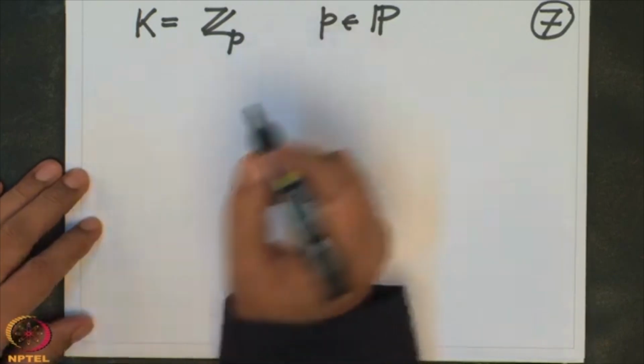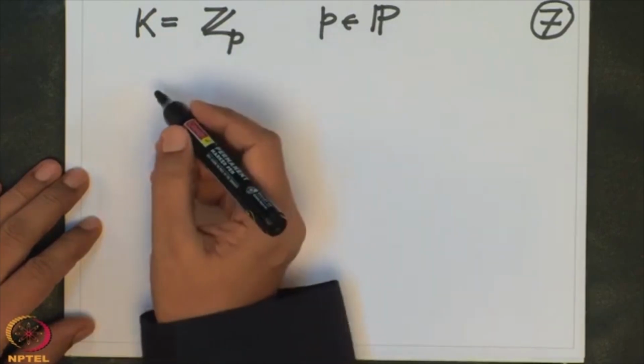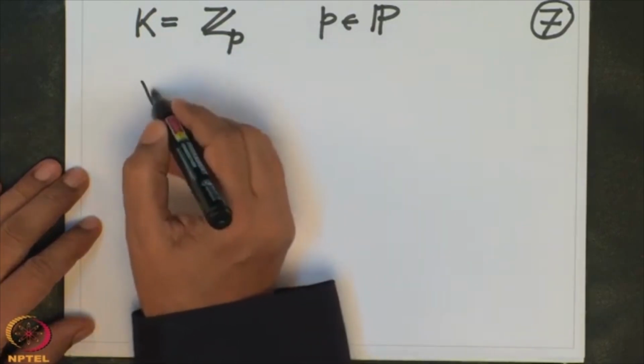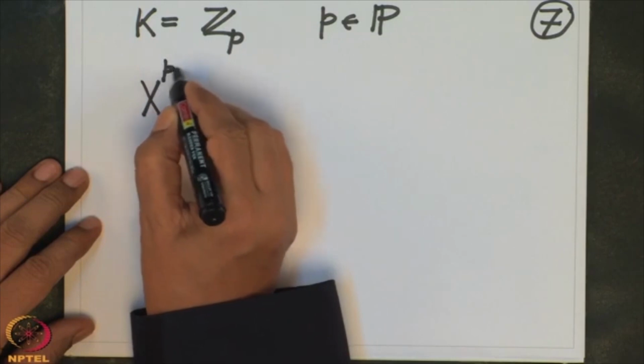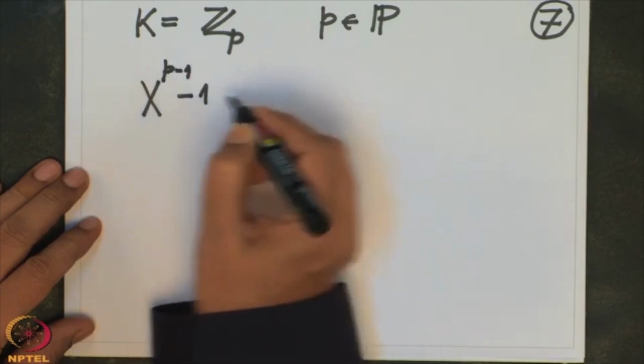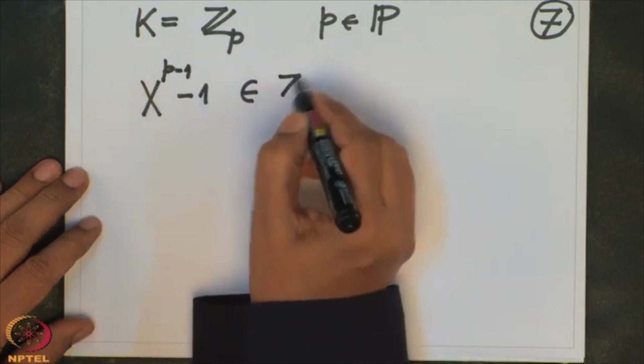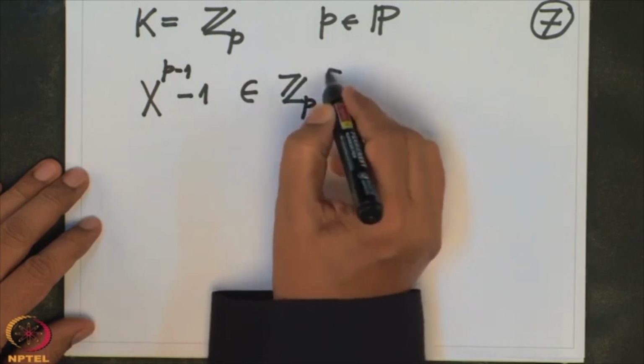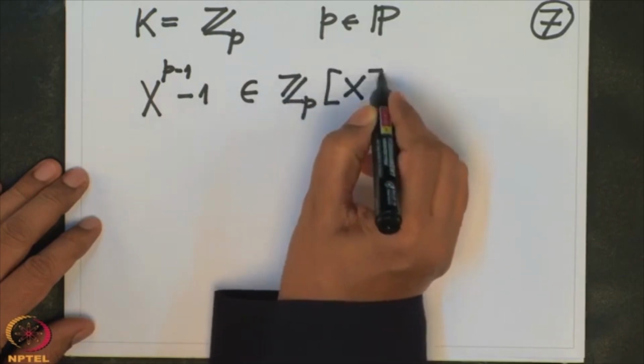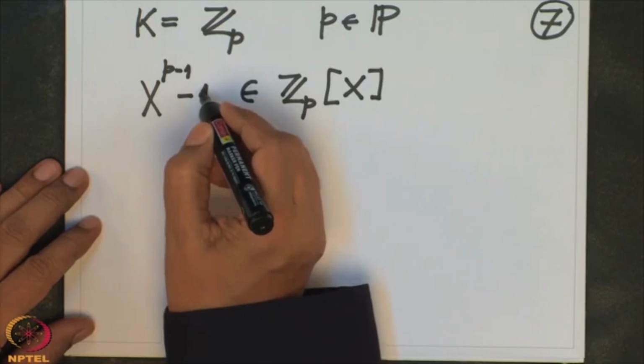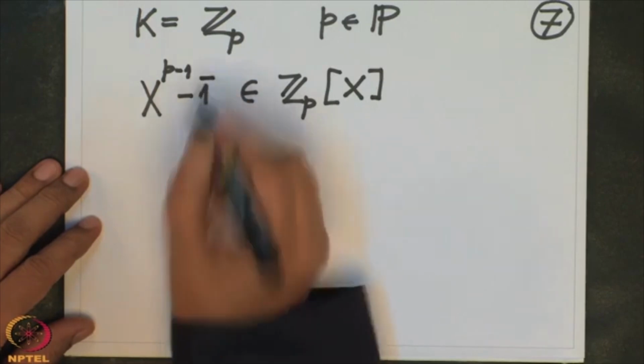In this field, I am going to take the polynomial x to the power p minus 1, minus 1. This is a polynomial with coefficients in Z mod p. So one should really write this one as 1 bar.